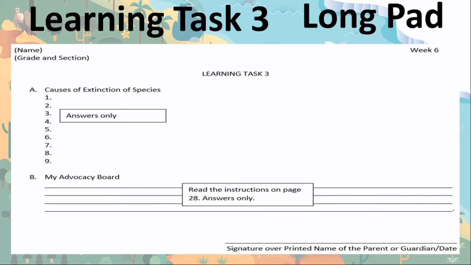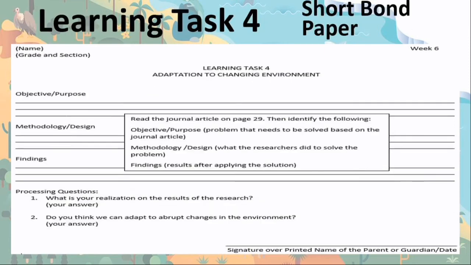Relating it to our present situation, do you think someday human beings will become extinct because of disease and pandemics? What program or projects would you like to propose to avoid the extinction of human beings? Write your advocacy program or projects on your paper.